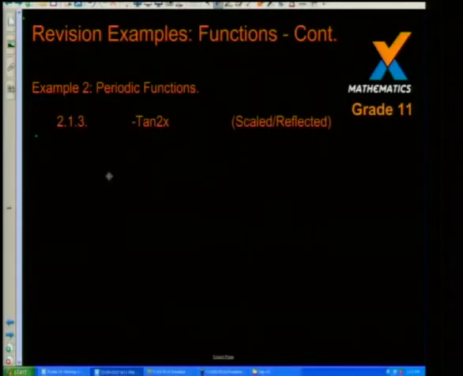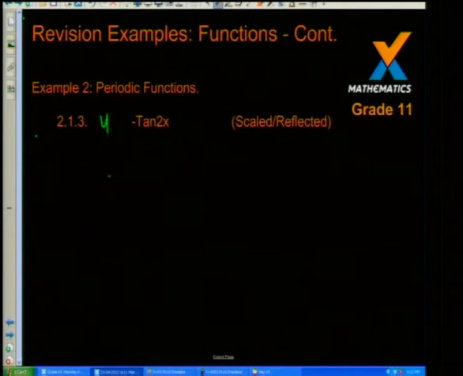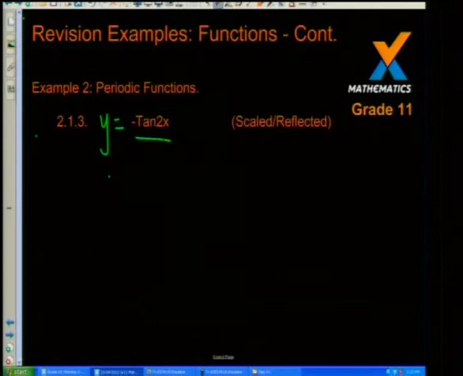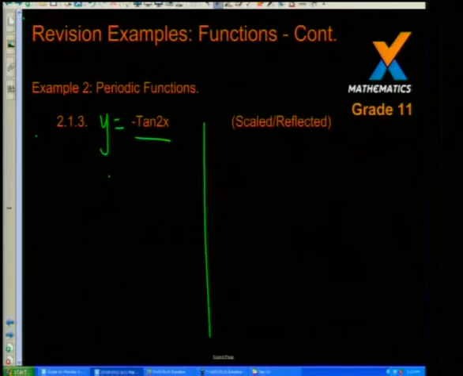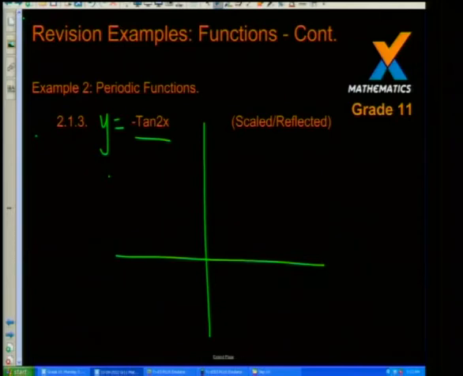Here I have it in combination with the scaling as well. So I have that y is equal to minus tan of 2x. If I were to sketch that, I would have to remember what the parent graph looks like.